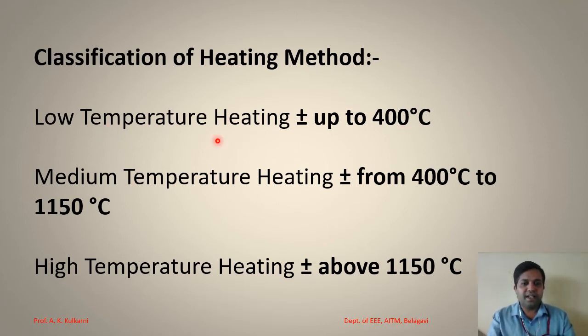Low temperature heating is up to 400 degrees Celsius, medium temperature heating is from 400 to 1050 degrees Celsius, and high temperature heating is anything above 1150 degrees Celsius. So the three methods are low temperature, medium temperature, and high temperature.